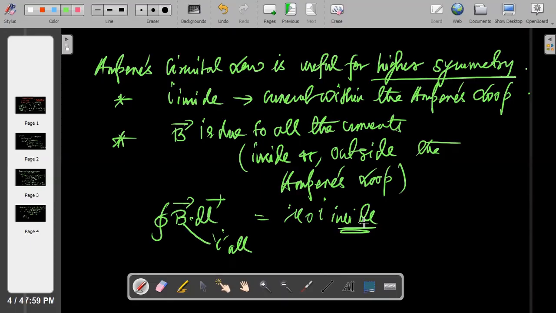Now, what we have derived for Biot-Savart's law, that magnetic field due to the infinite straight current carrying wire. Now we will be deriving this using the Ampere circular law. How to do?